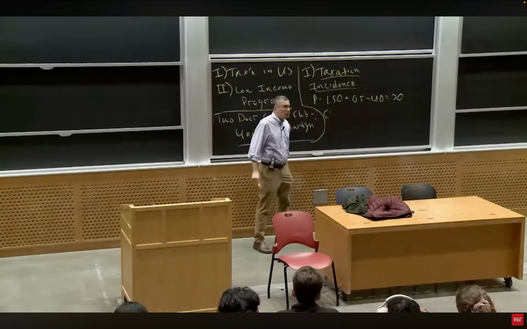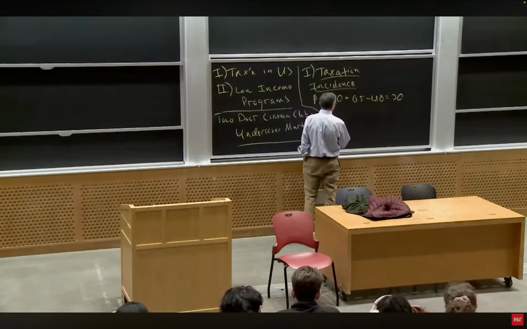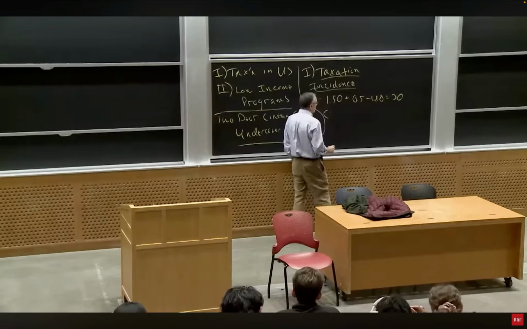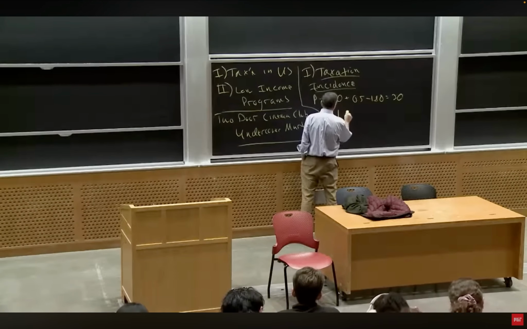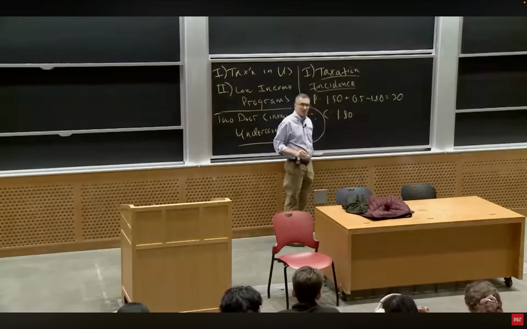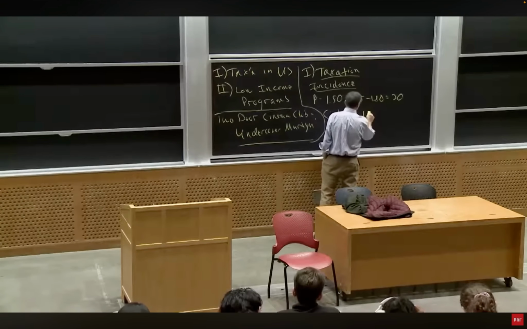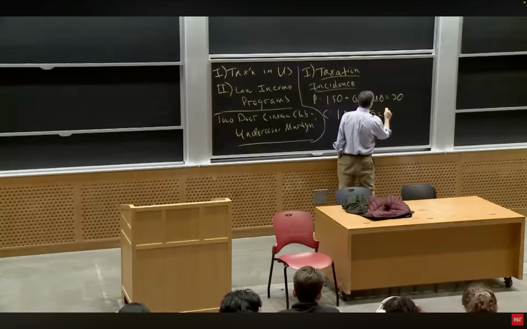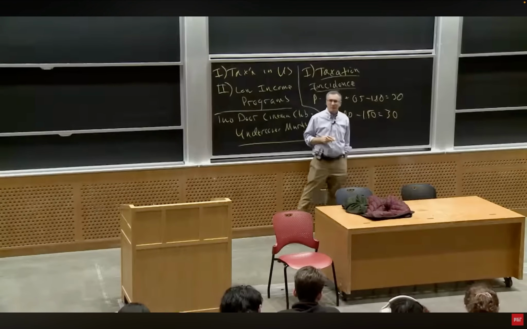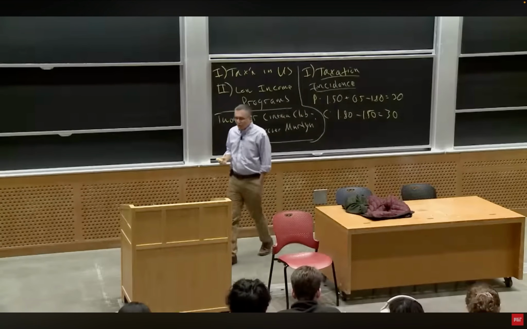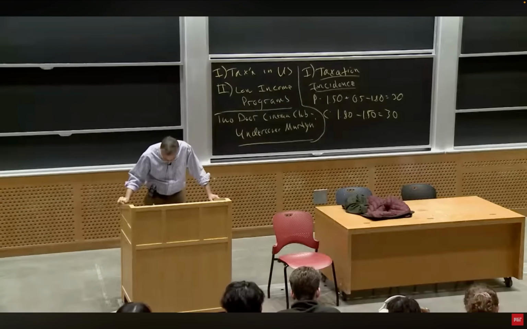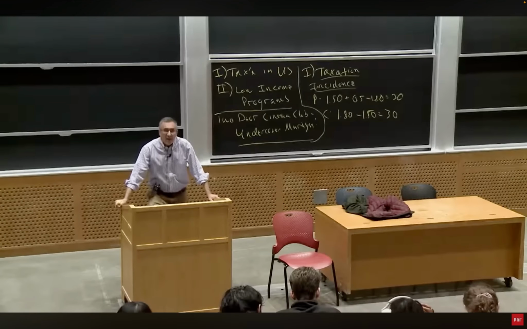Well, the consumer used to pay $1.50, now pays $1.80, so their burden is 30 cents. You can see that once again in the graph. Consumers used to pay $1.50, now they pay $1.80. They're now paying 30 cents more.